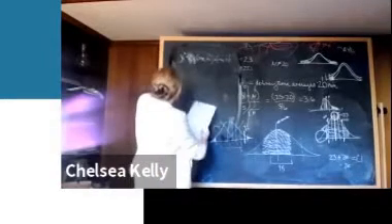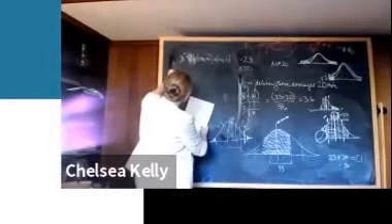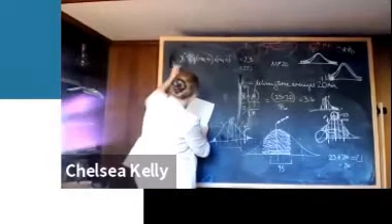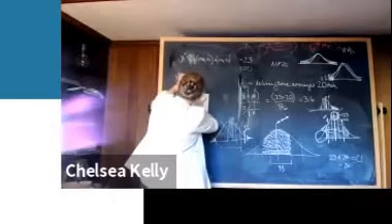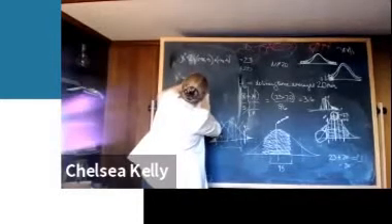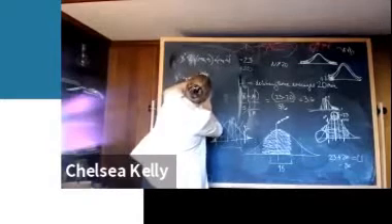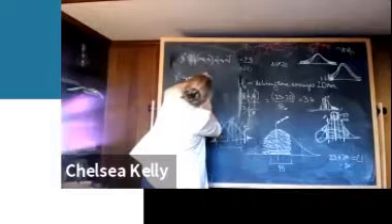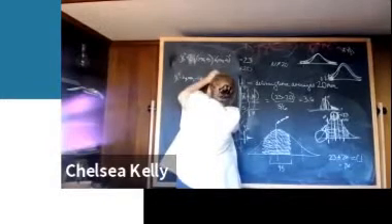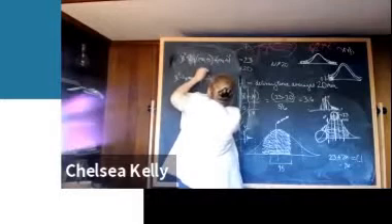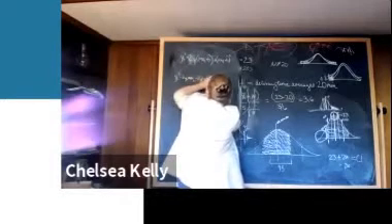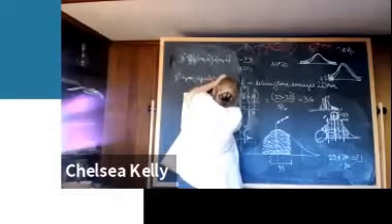You can expand them out even more so that you've got y1 squared minus 2y1mx1 minus 2y1b plus m squared x1 squared plus 2mx1b plus b squared.